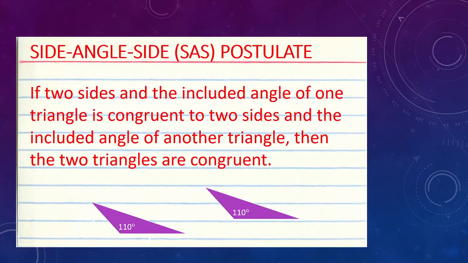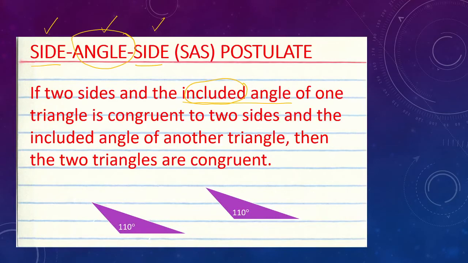Next, the side angle side. This time, if 2 sides and the included angle of one triangle, when I say included, it means the angle is between the 2 sides. So you have noticed side, angle, side, and the angle is between the 2 sides.